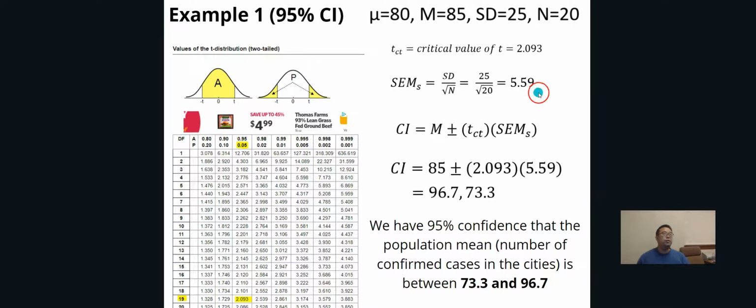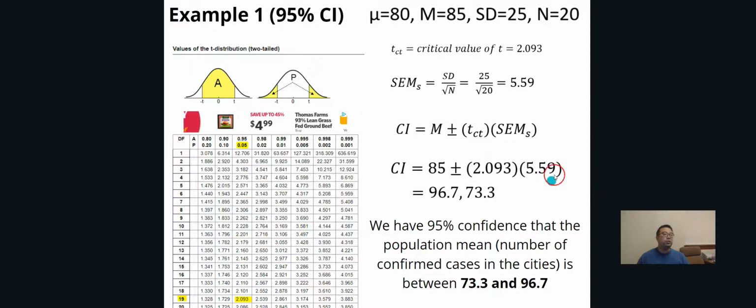So the 95% confidence interval is 85 plus or minus 2.093 times 5.59, where 85 is the sample mean, 2.093 is the T critical found from degrees of freedom, and 5.59 is the sampling error.